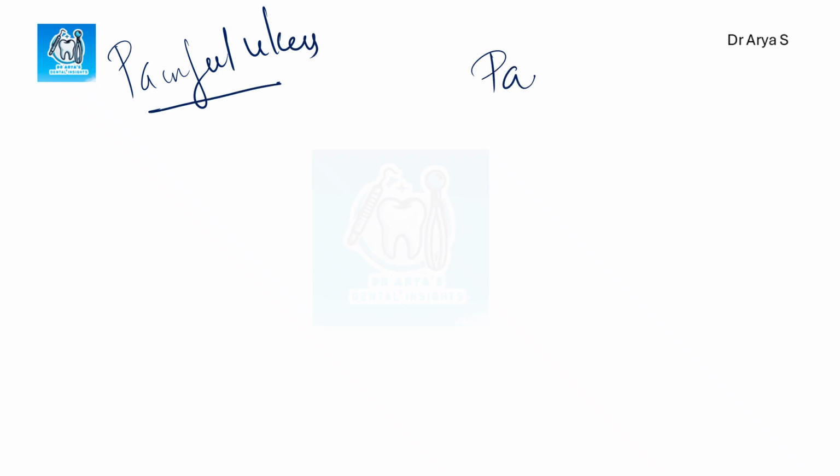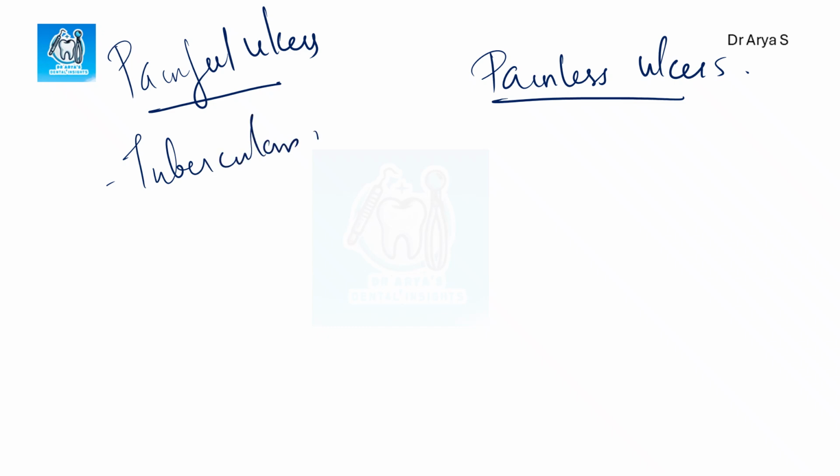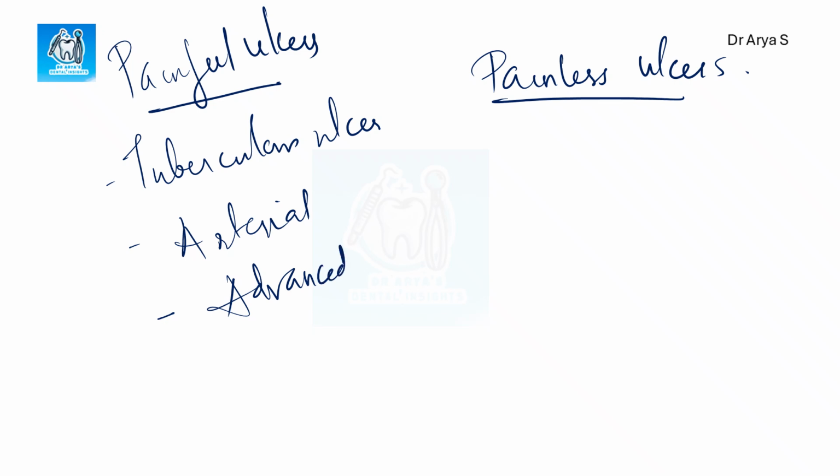Coming to another important question, which are the painful ulcers and which are the painless ulcers. It is a frequently asked MCQ question. Which are the painful ulcers? Tuberculous ulcer, then arterial ulcer, and advanced malignancy.